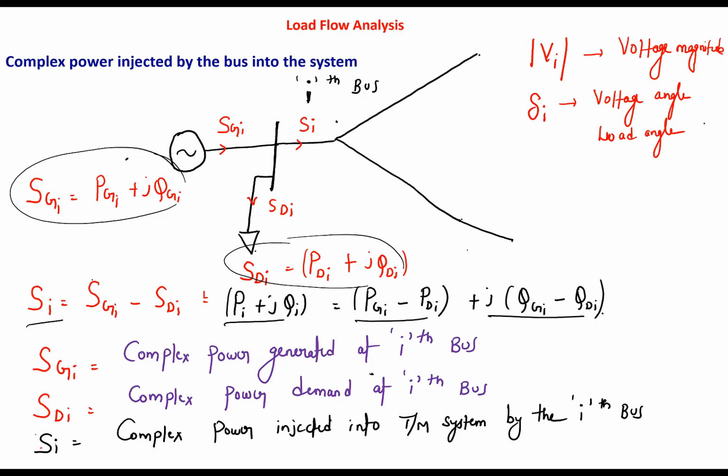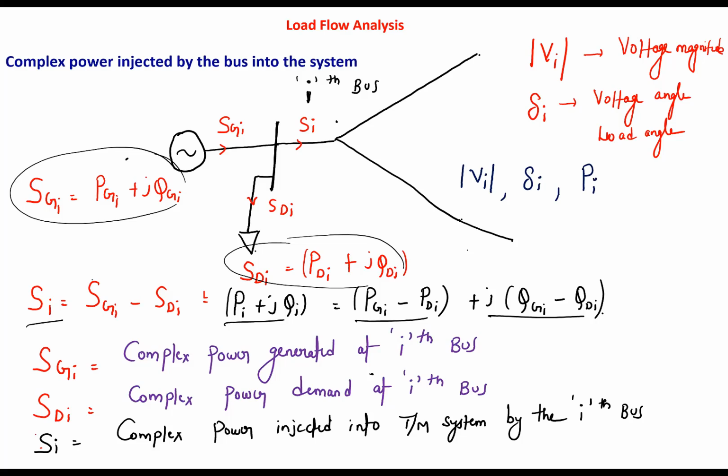So at every bus, there are four parameters whose knowledge is required. What are those four parameters? Mod Vi, the voltage magnitude of the ith bus. Delta i, the voltage angle of the bus.